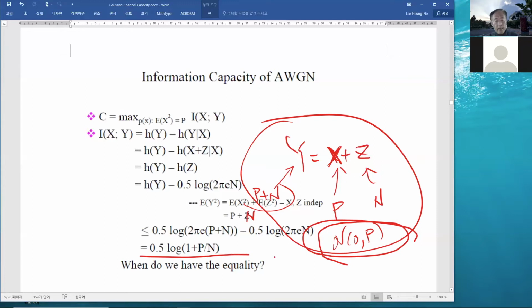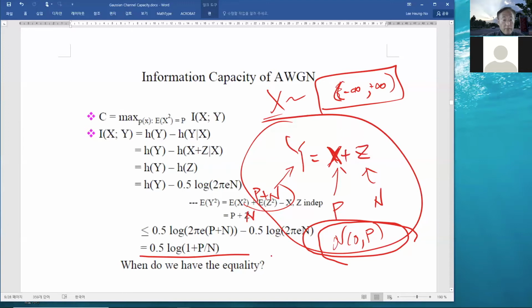In this case, the input symbol alphabet should be the set from negative infinity to positive infinity. That's the range of the random variable X, and the distribution has to be Gaussian.